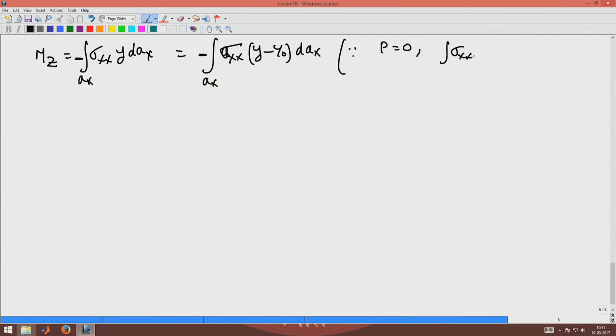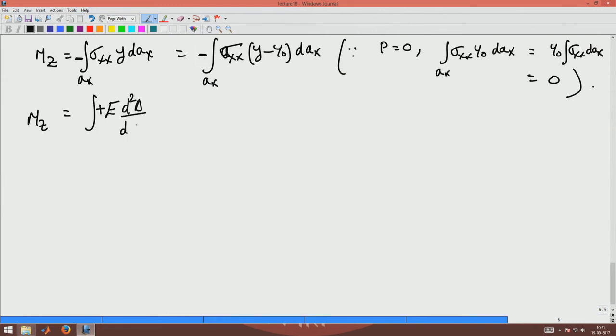The integral of sigma xx into y naught dAx would be y naught times the integral of sigma xx dAx, which is equal to 0, because we just showed that the integral of sigma xx dAx is 0. So, I can rewrite the moment equation as this. Now, I substitute for sigma xx from the previous equation, that is minus E times d square delta y by dx square into (y minus y naught), into (y minus y naught) dAx.